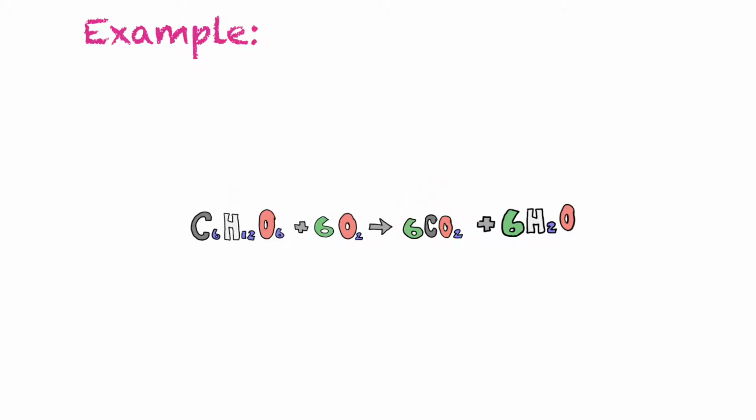So in this case, this molecule has been oxidized to become carbon dioxide. The other molecule is oxygen. Oxygen gained hydrogens to become water. So this molecule has been reduced.